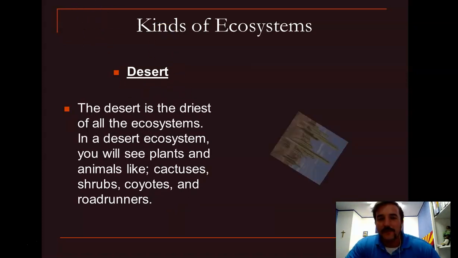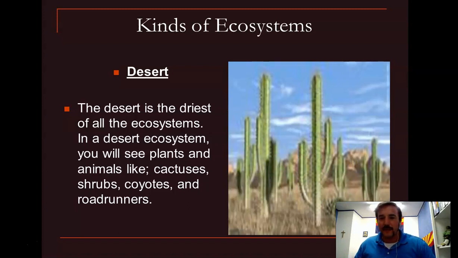The desert is the driest of all ecosystems. You're going to see plants and animals like cacti, shrubs, coyotes, roadrunners, different things like that. All can do well in a desert, a dry ecosystem with not a lot of water. Notice again the first sentence: the desert is the driest of all ecosystems. Not a lot of water.